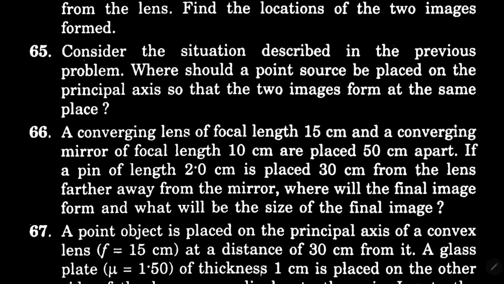In question 65, consider the situation in the previous problem. Where should a point source be placed on the principal axis so that the two images form at the same place? Solution 65. 1/v, 1/minus x, 1/15.